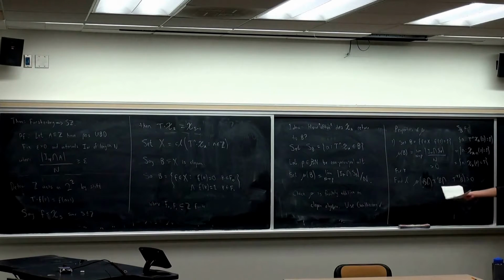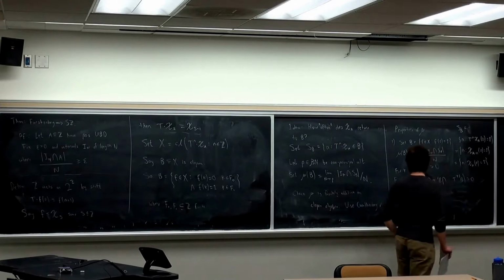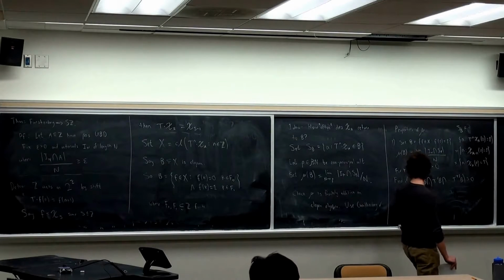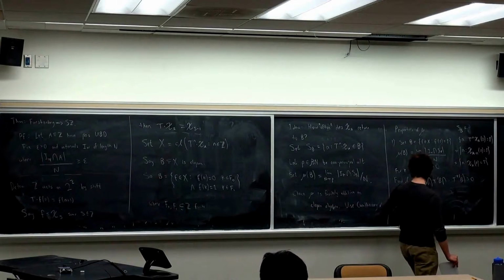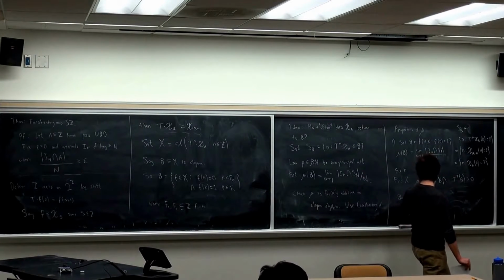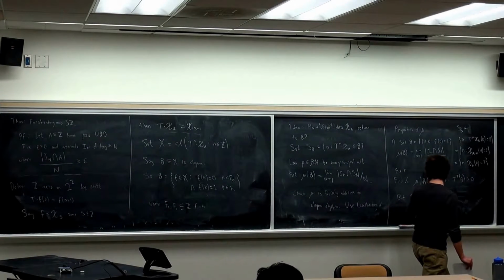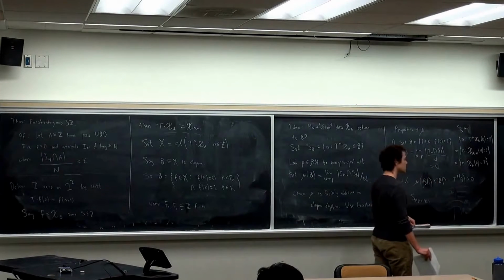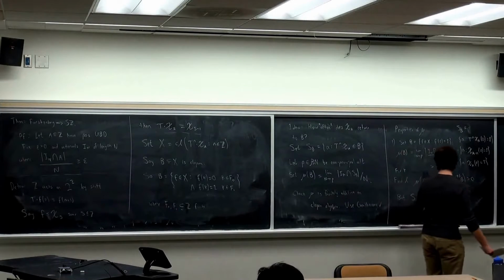And now, what is this? Let's consider the set of return times to B intersect T^(-L) B intersect, and so on.